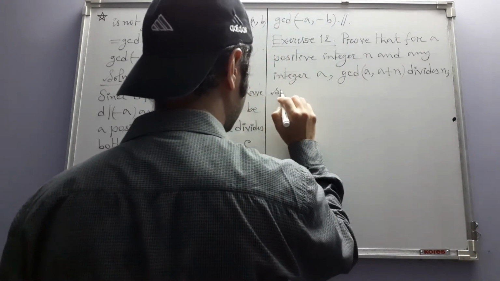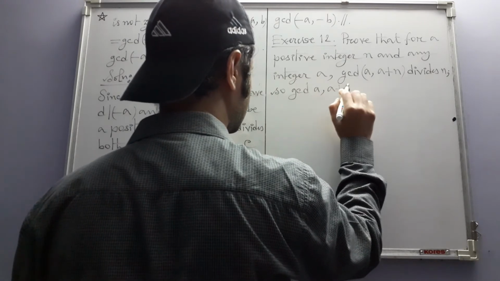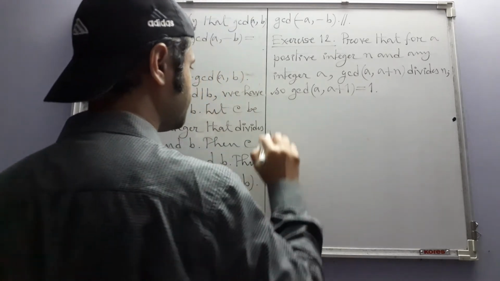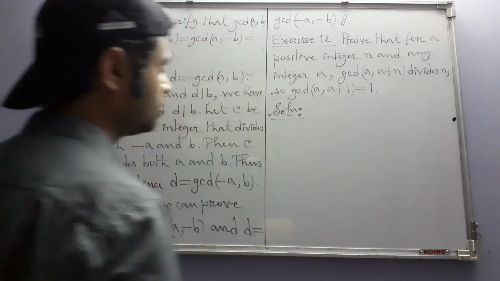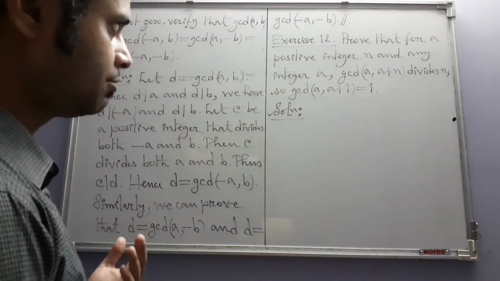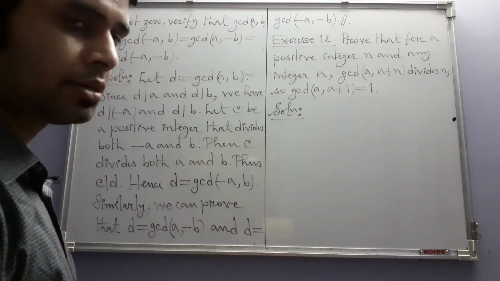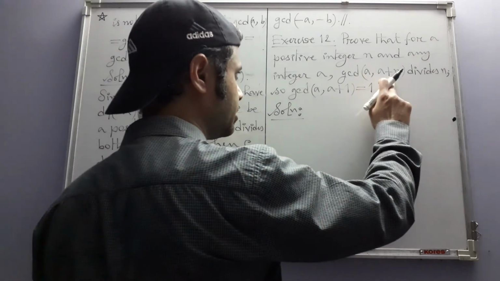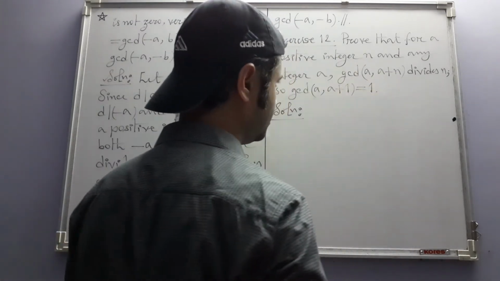So the greatest common divisor of a and a plus 1 is equal to 1. Because it's given that a is a positive integer and hence non-zero, even if a plus n becomes 0, there is no problem. One of these integers is non-zero, so GCD will exist and it will be a positive integer.